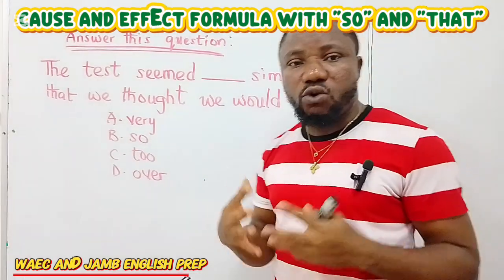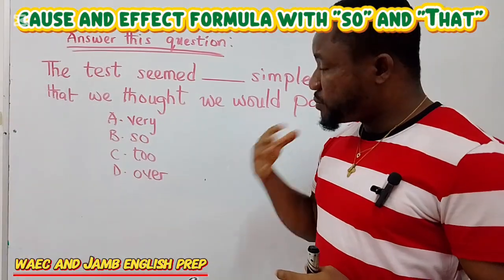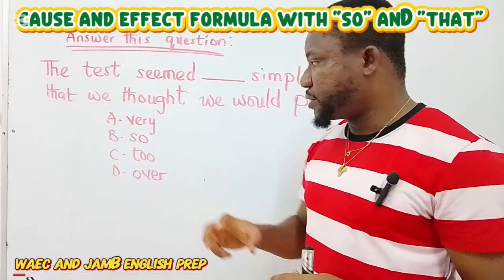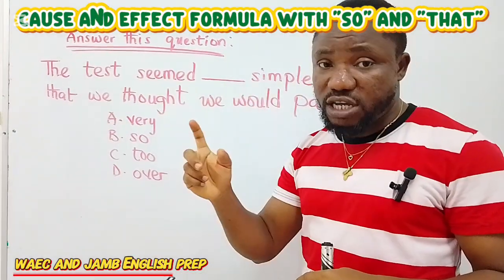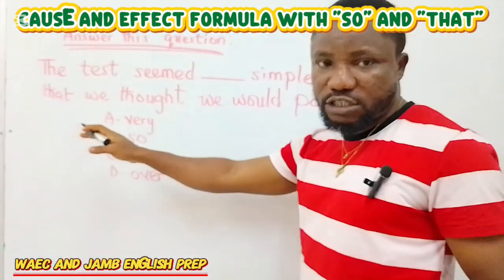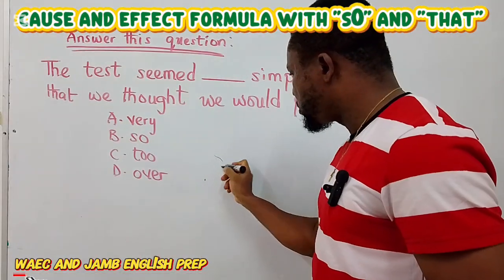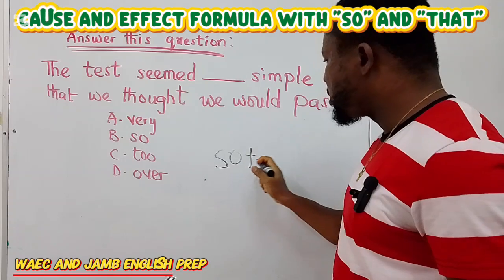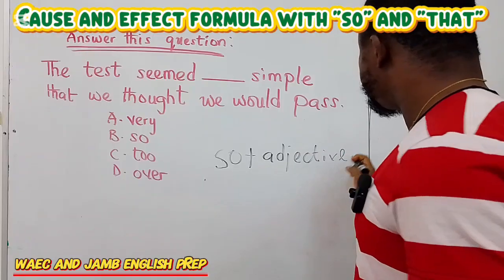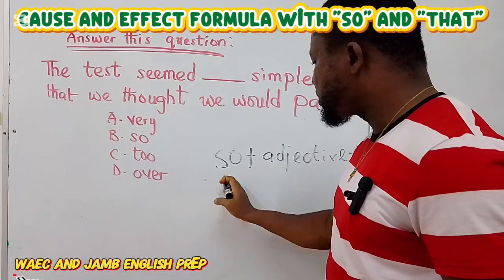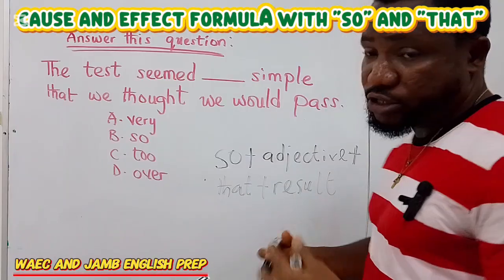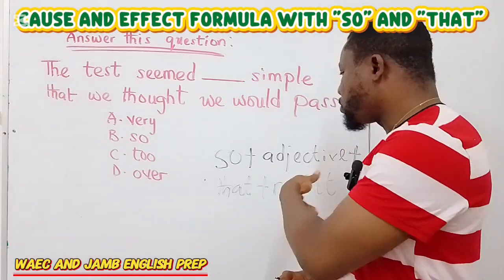Most of the time, 99% of the time, when we talk about cause and effect in the English language, especially with adverbs of degree, the structure is: the first part of the expression, then so, plus adjective, plus that, plus the result, or the consequence, or the effect.